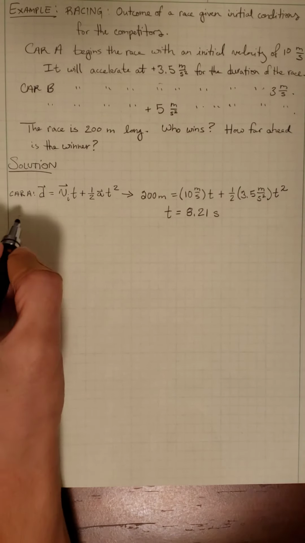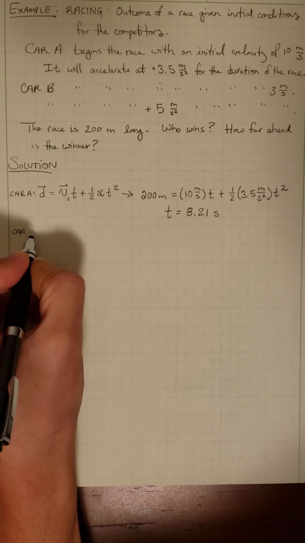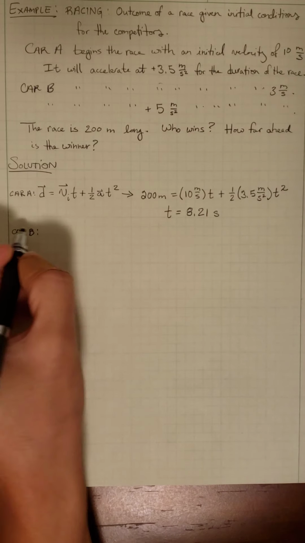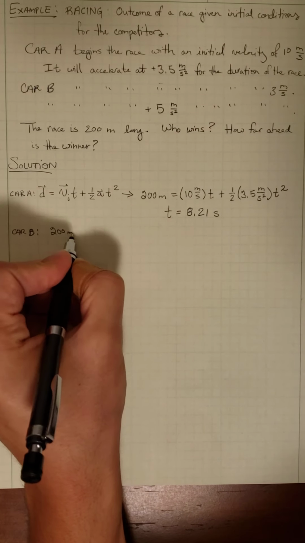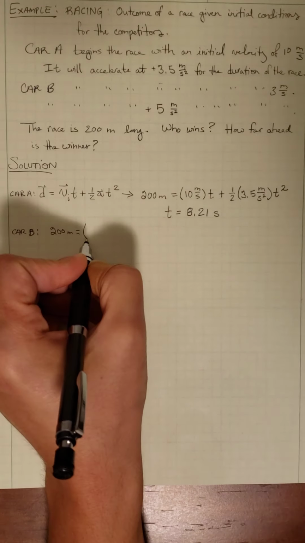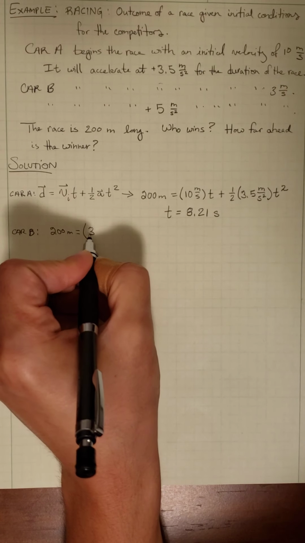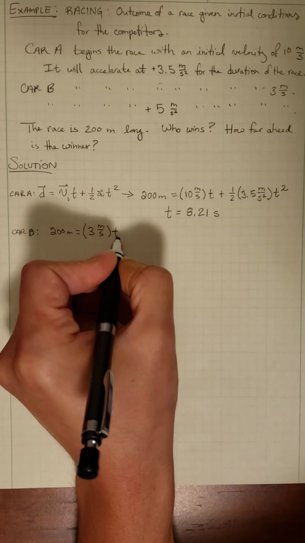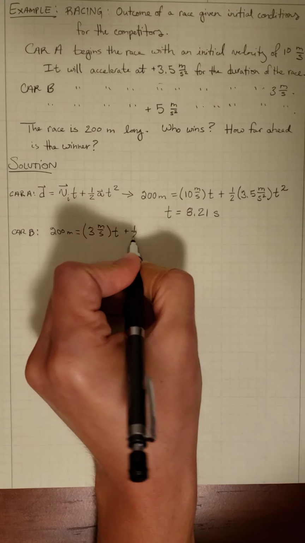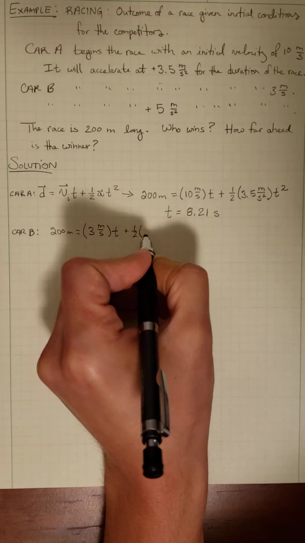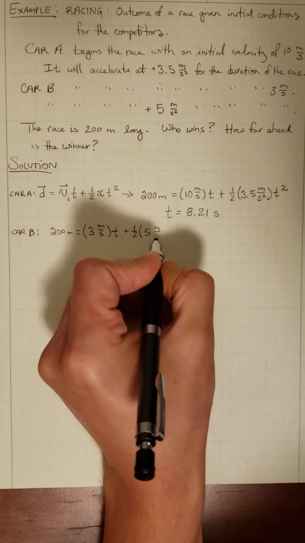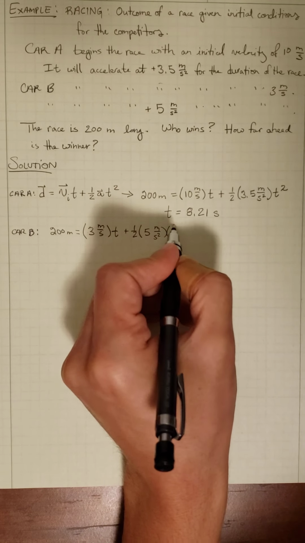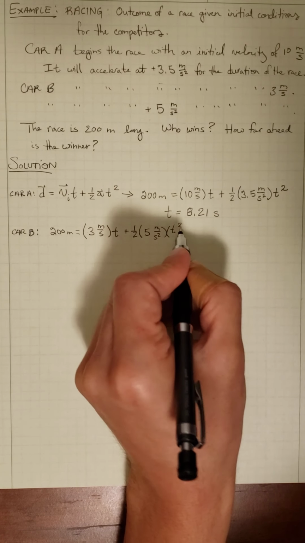Now we need to repeat for car B. We get 200 meters equals, now this one started at 3 meters per second times t plus 1/2, but a bigger acceleration, 5 meters per second squared, times t squared.